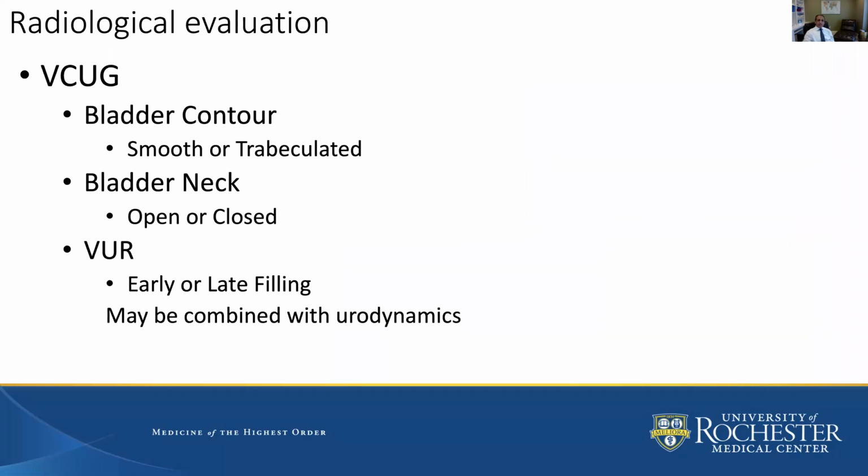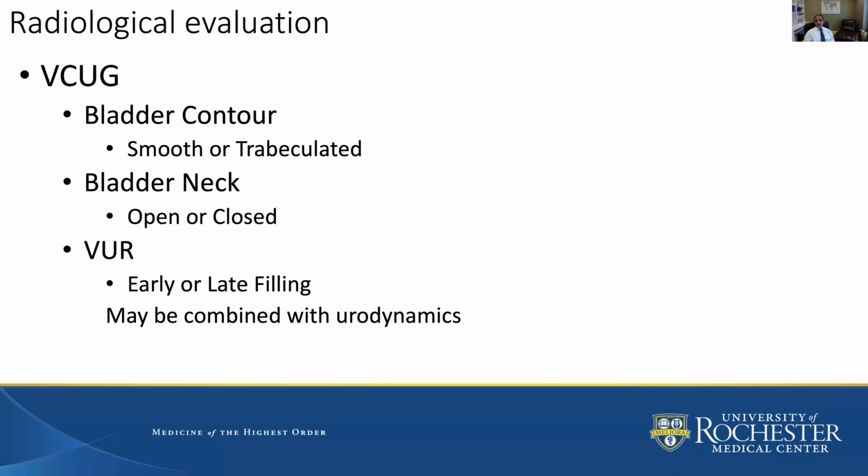VCUG is the next step if you see abnormal ultrasound findings. You look for the contour of the bladder, whether it is a smooth wall or there are trabeculations. You can assess the bladder neck with VCUG, whether the bladder neck is open or closed.